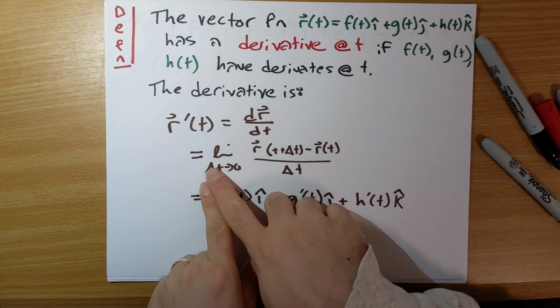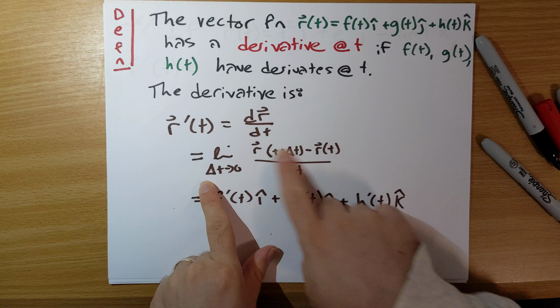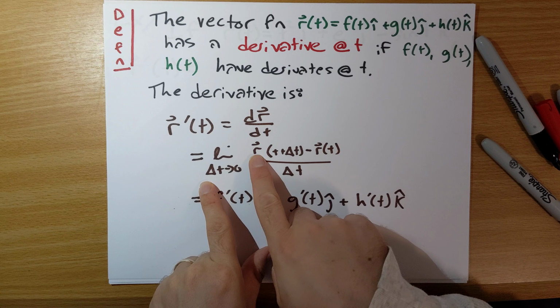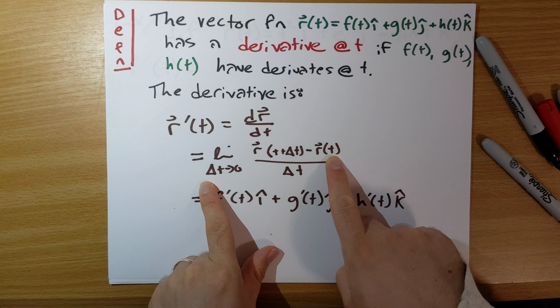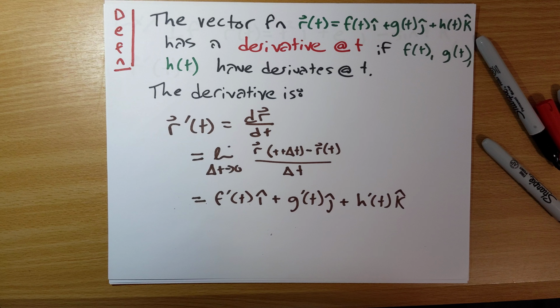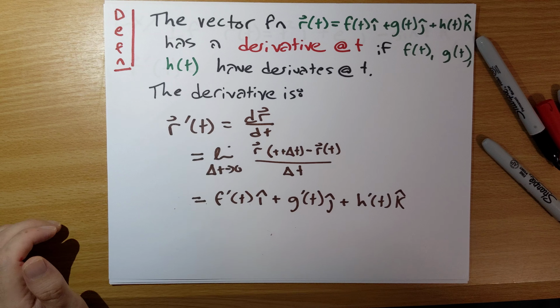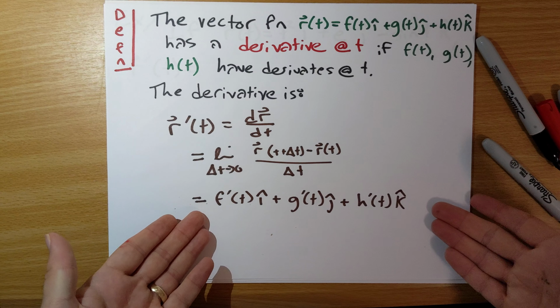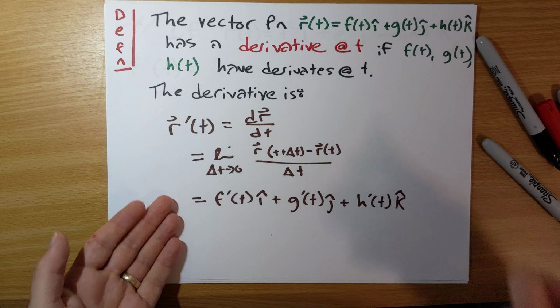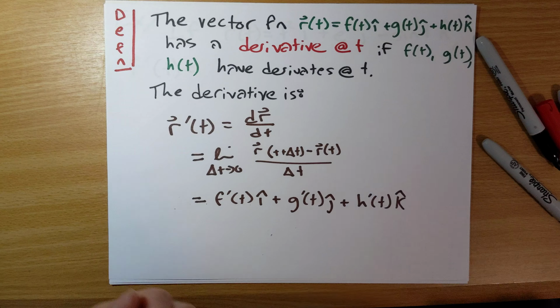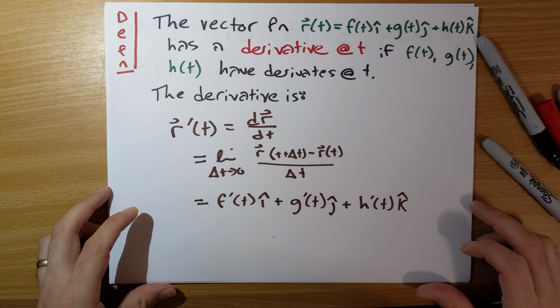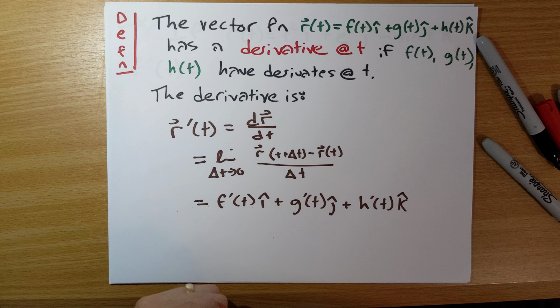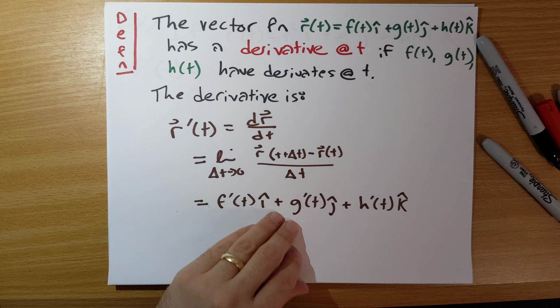Well, r prime of t is, take the limit of the difference quotient, r of t plus delta t minus r of t divided by delta t. Take the limit of that as delta t goes to 0. I'm not going to go through all of the derivations, take a look at the textbook if you want to see it. It just turns out that you end up with the derivatives of each underlying component. So if you can do derivatives of scalar-valued functions, just do it 3 times, and you can do derivatives of vector functions.